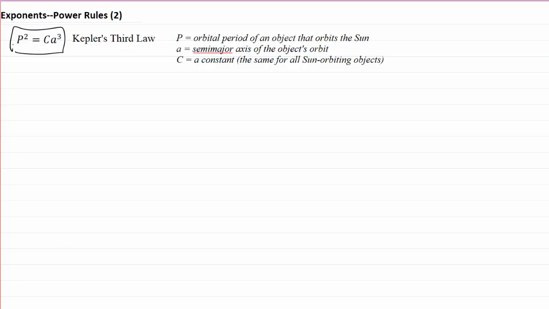The long axis of the ellipse is called the major axis, and half of that is the semi-major axis. And then there's that constant C, which in the previous lecture we found out has a value of C equals 1 year squared per AU cubed for things orbiting the sun.